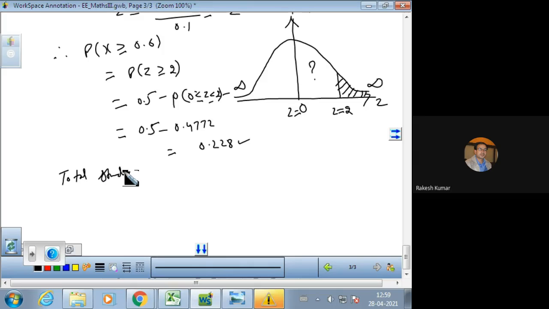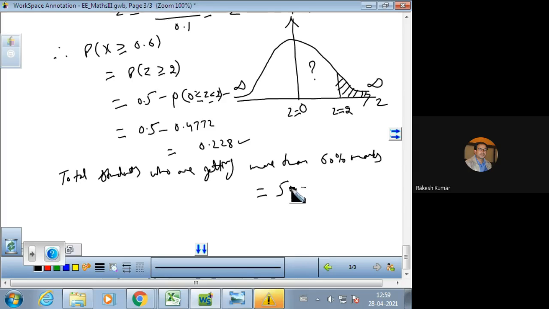Total students who are getting more than 60% marks. Now we want to calculate the number of students who have scored more than 60%. 500 into 0.228, so this comes out to be 0.5, and this value comes out to be 0.02.